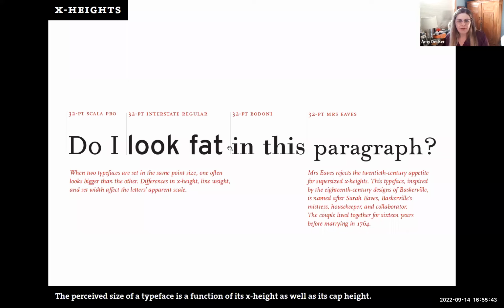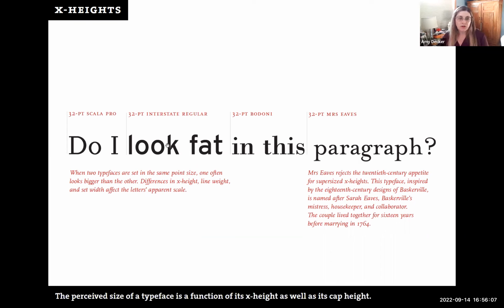And we have Interstate, which is similar to what kind of typeface? Who can tell me what that kind of reminds them of? Like Helvetica? Right, it has some elements of Helvetica.